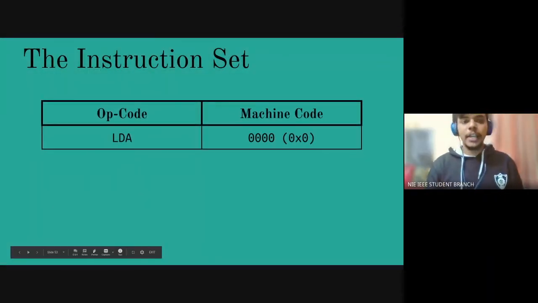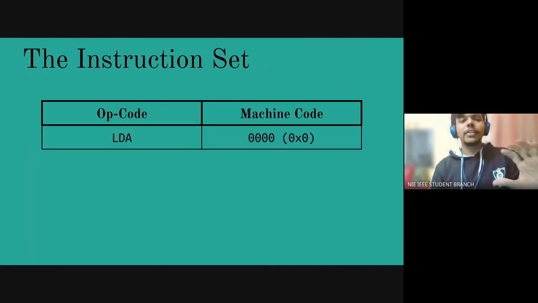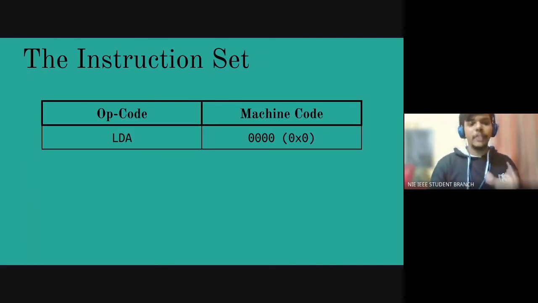So now we get to the SAP instruction set. The first instruction opcode that we have is called LDA. It stands for load accumulator, and in binary it's represented with 0, 0, 0, 0. That left half of 4 bits, if you give all zeros there, it will mean that the opcode is LDA. What this instruction does is, in the right half, whatever address you have given, it goes to that address, takes the data over there, and puts it into the accumulator.